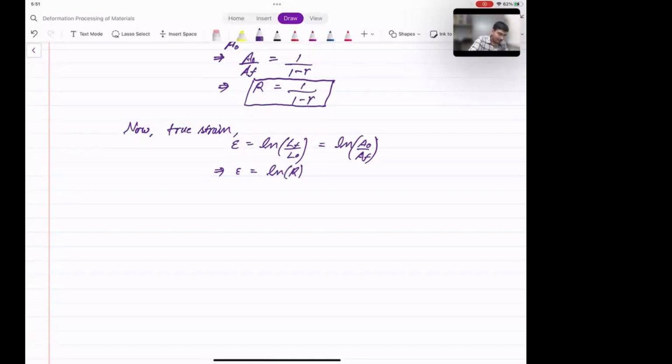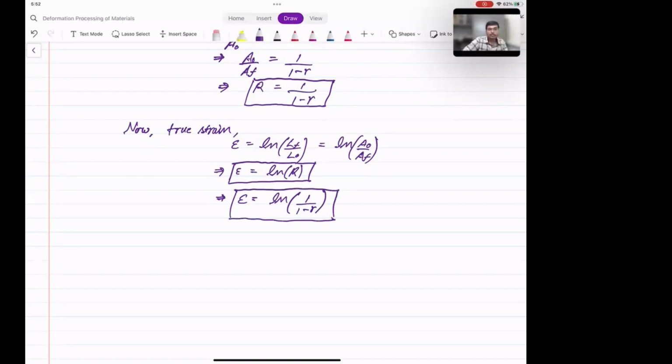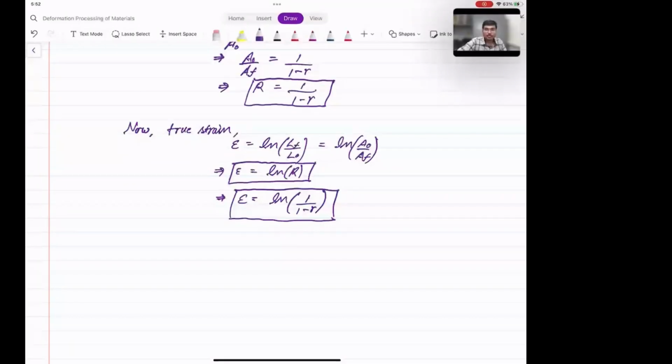Also, this can be written in terms of the fractional reduction. So this true strain can also be written as ln of 1 over 1 minus R. So these are some relations which we will see in due course being applied to the extrusion process.